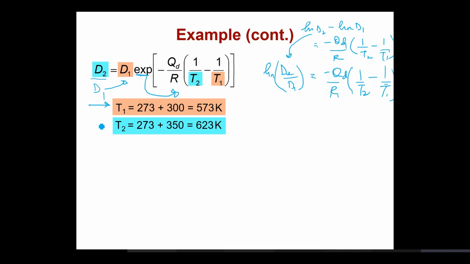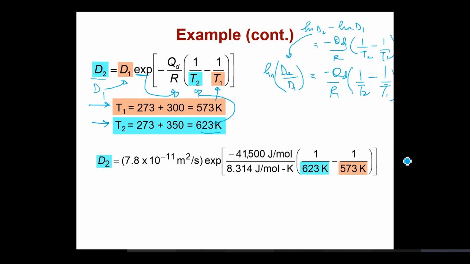In this equation, if we see, temperatures have to be taken in absolute scale. So T1 is given to us, T2 is given to us, the diffusion coefficient D1 is given to us, which is being plugged in over here, and D2 is calculated.